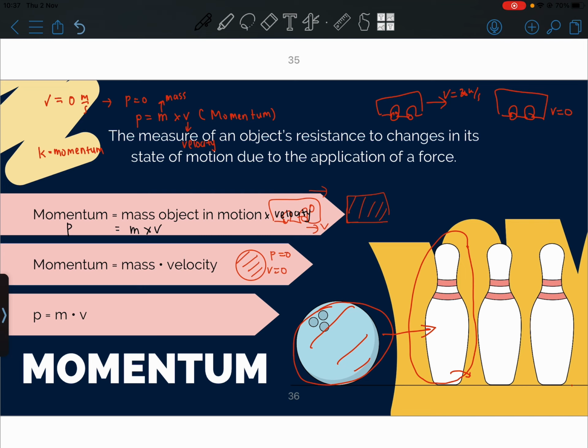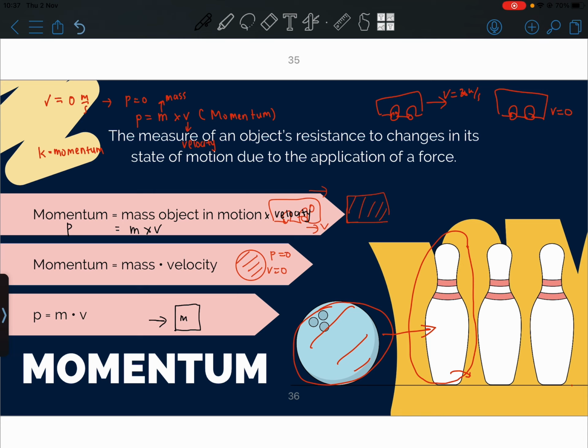And furthermore, momentum, as explained by Richard Feynman. Richard Feynman said that if you have a block which is not moving, and you push this block of mass m, then as it is moving, it will possess momentum.